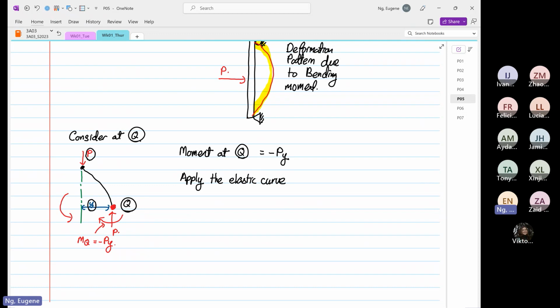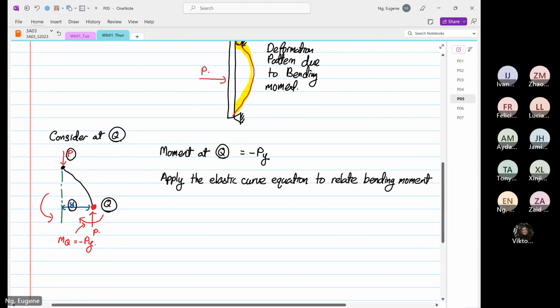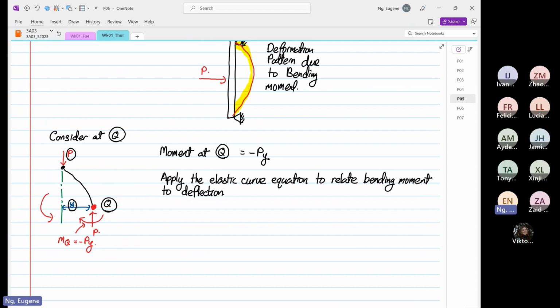Okay, the elastic curve equation, to relate bending moment to deflection.